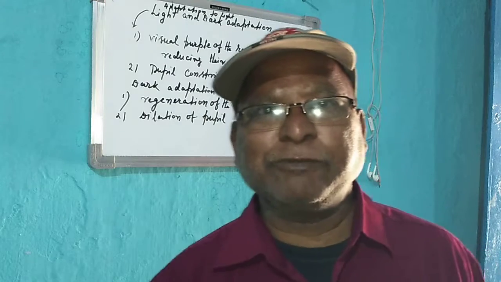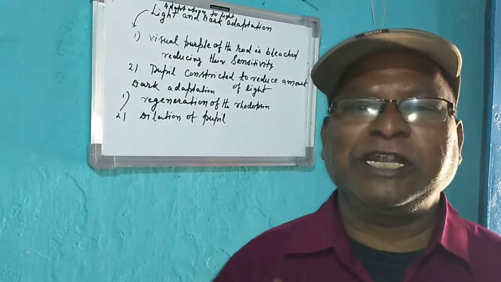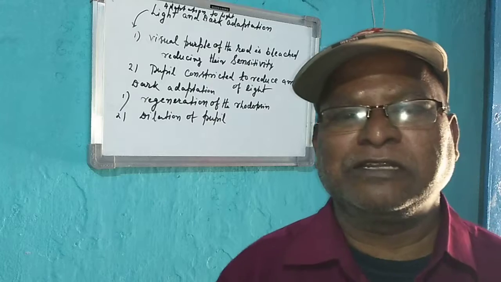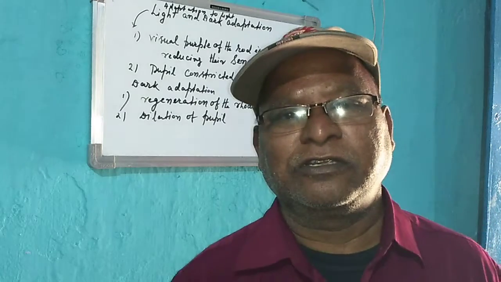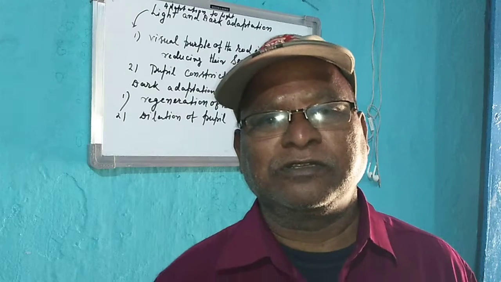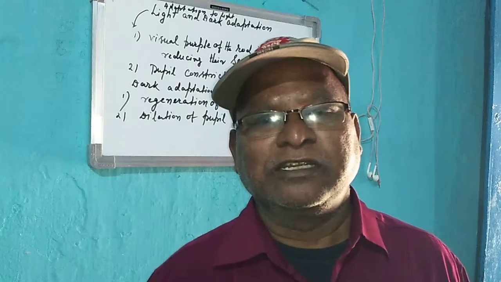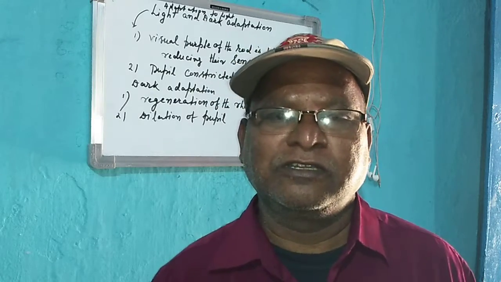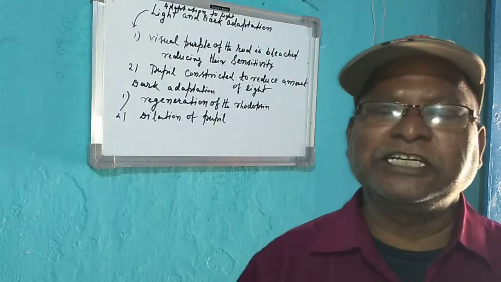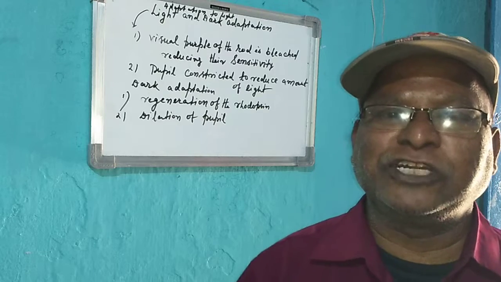And then, soon after that, it is seen that cone cells function in the brightly lighted area. Cone cells have the pigment iodopsin or conodopsin. In a brightly lighted area, iodopsin regenerates, which enables the cone cell to function.